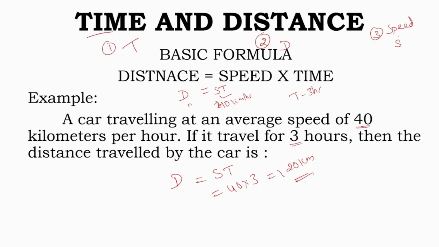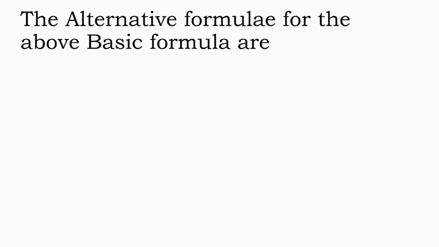This is the answer. If you understand this concept of these three factors, we can easily solve the remaining advanced problems in the time and distance topic. By using the basic formula D equals speed into time, the alternative formulas can be written.